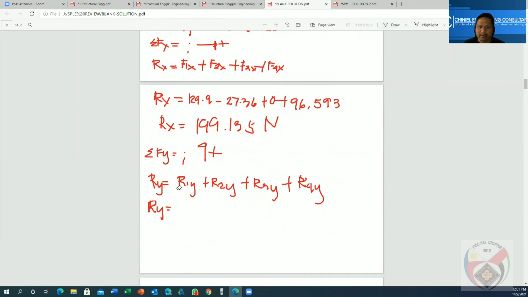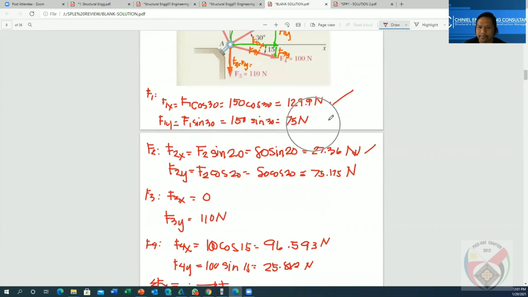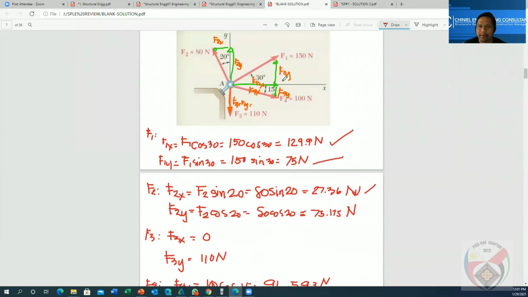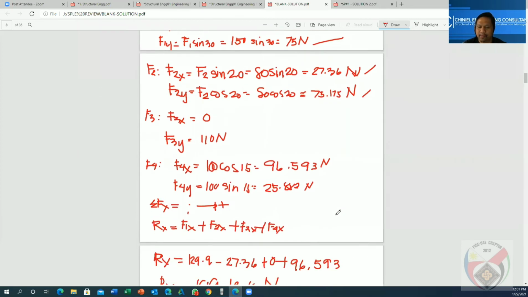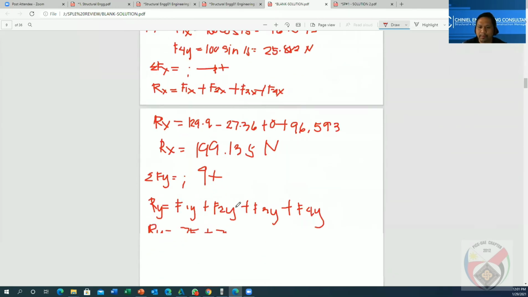This is not R, it should be F. So F1y is how much? F1y is 75. This one. So 75, positive since it is going up. Then F2y is also going up, so it will be positive. So F2y is 75.175.